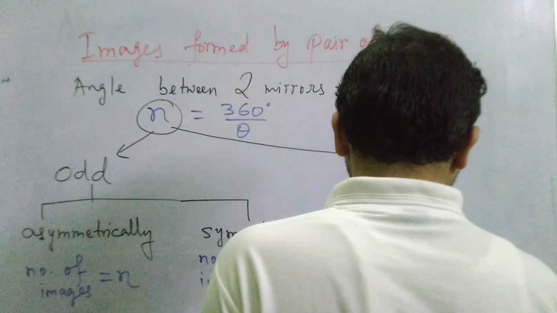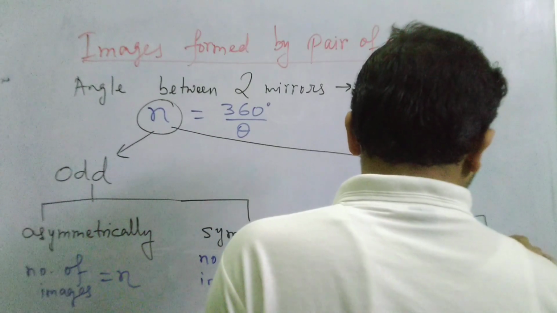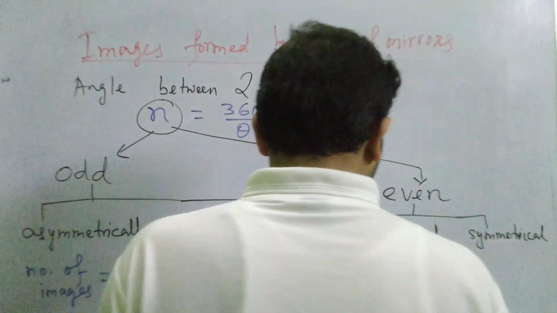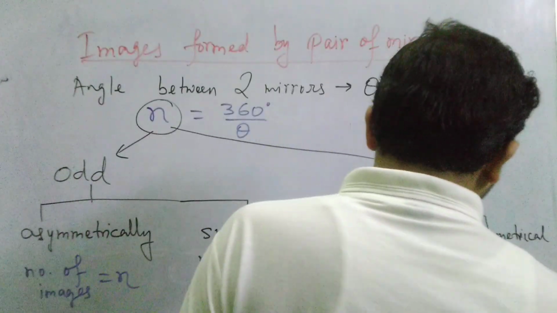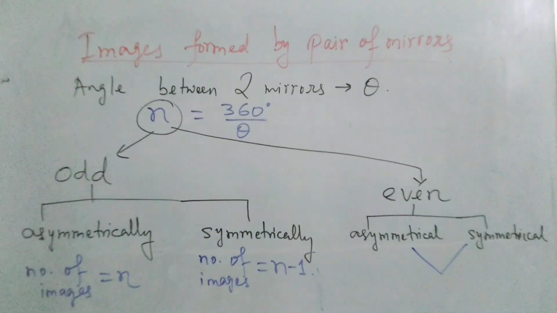The number of images formed will be n minus 1. So if n is an even number, then for both symmetrical and asymmetrical cases the number of images will be n minus 1.